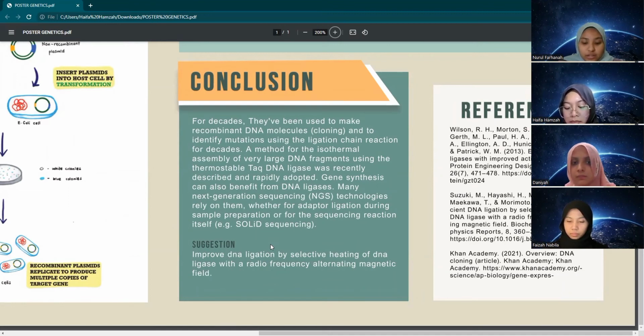Ligase chain reaction is known as a method, after the polymerase chain reaction, that is efficient, more sensitive and specific in detecting mutations, especially single nucleotide polymorphisms, which is SNPs.